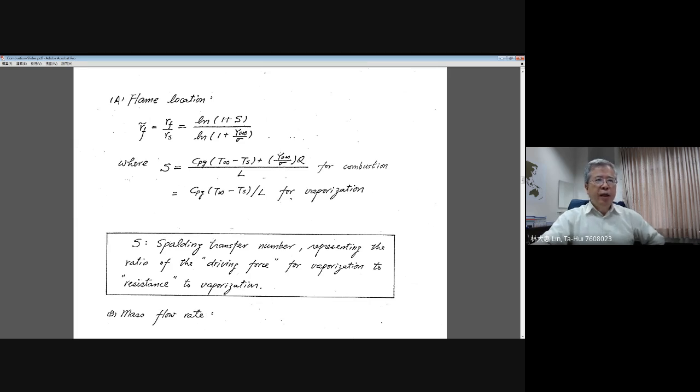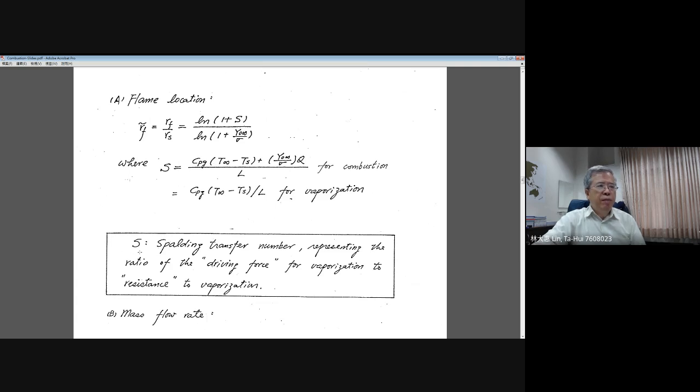Okay, then this is the heat provided by diffusion burning and the heat transfer from the outer surroundings to the droplet. Then these two heats will be used to help the droplet absorb and overcome the latent heat of evaporation.